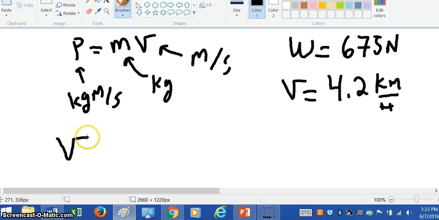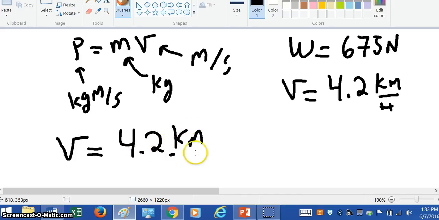So the velocity is 4.2 kilometers per hour. And the way that you do conversions, there's several ways to do it, but this is the way it's usually done in the sciences.